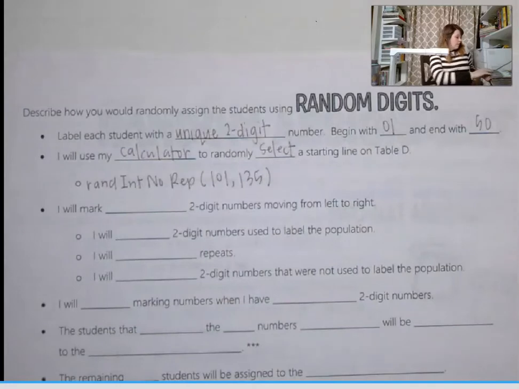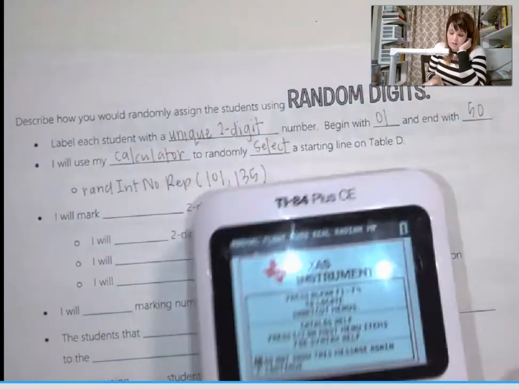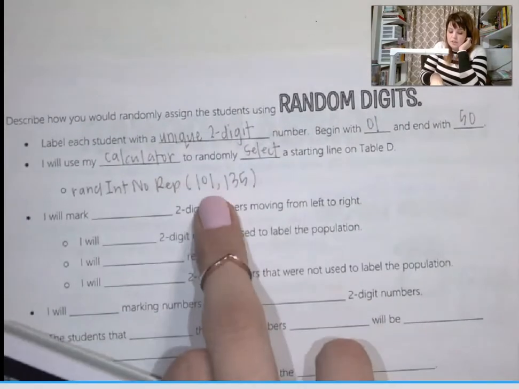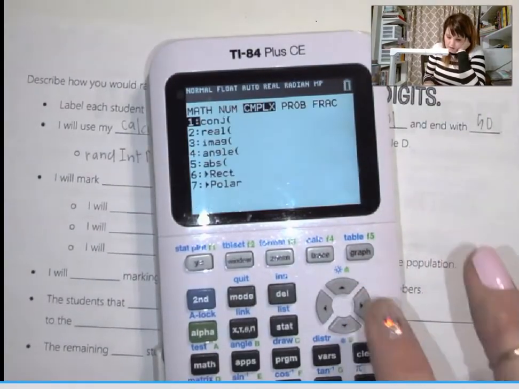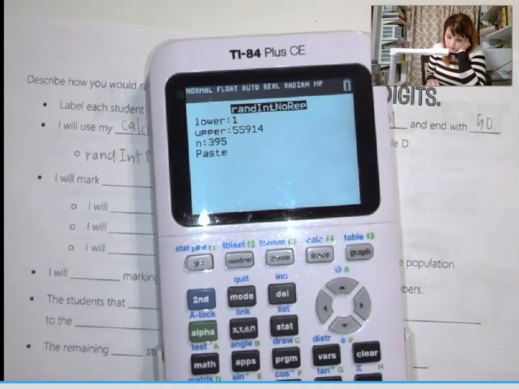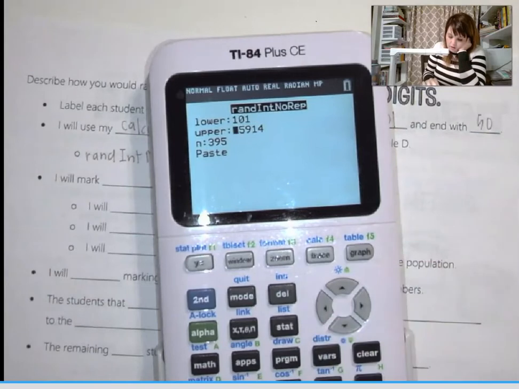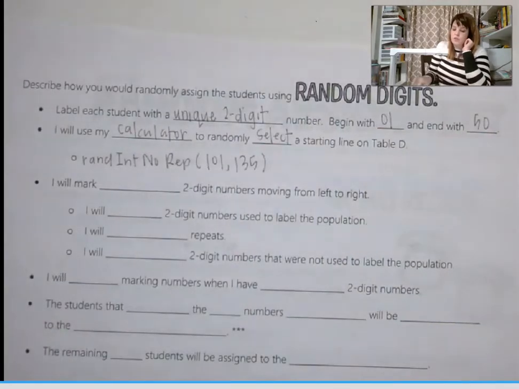If I have my calculator here, I'll do that real quick. On the table that I gave you guys, your table starts at 101 and goes to 135. So math, probability, 8, 101, 135, 1. So I would start on line 127.